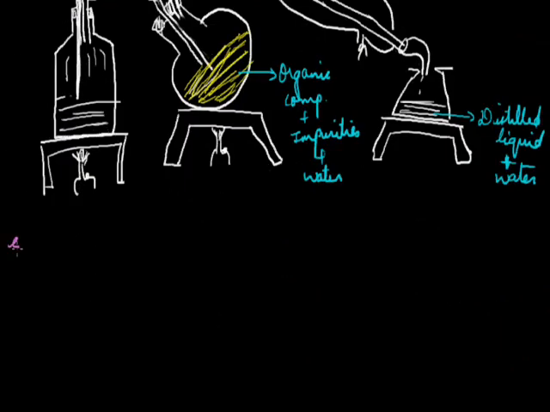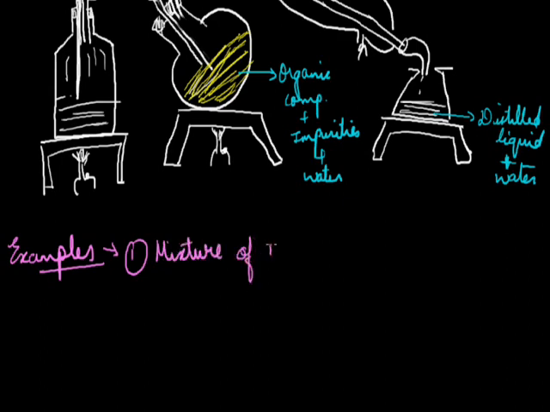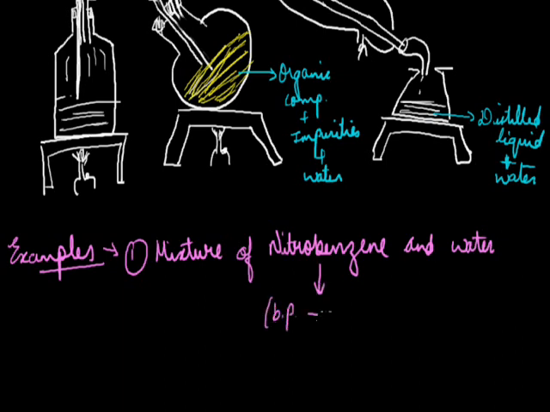Some examples which show this type of distillation. Examples of steam distillation are: first is a mixture of nitrobenzene and water. Separated, nitrobenzene's normal boiling point is 483 Kelvin and that of water is 373 Kelvin.